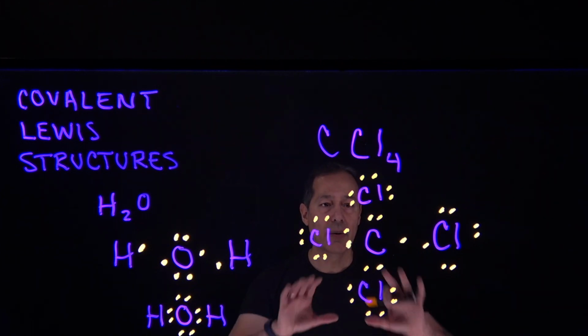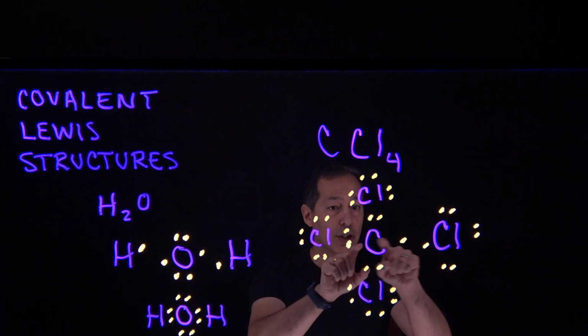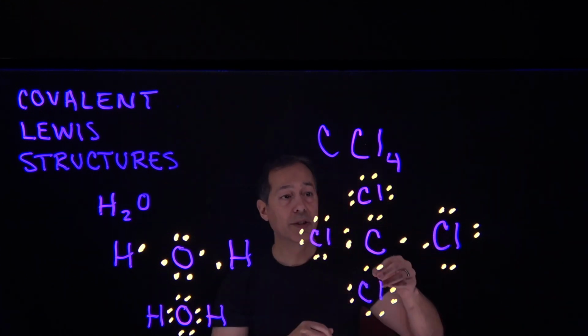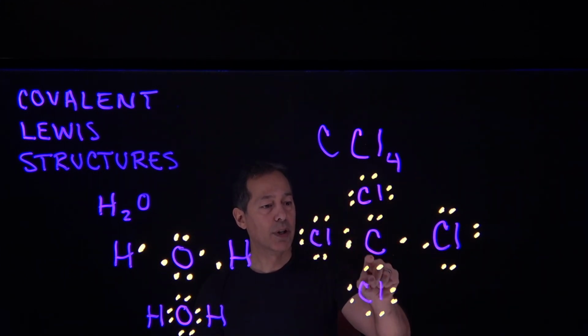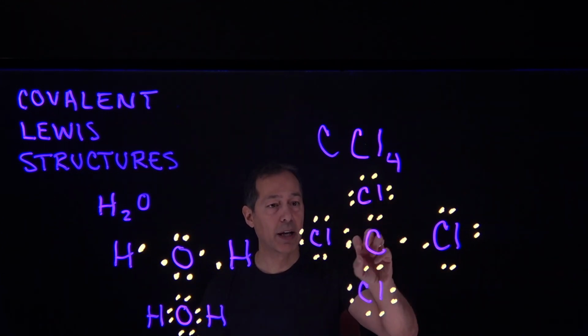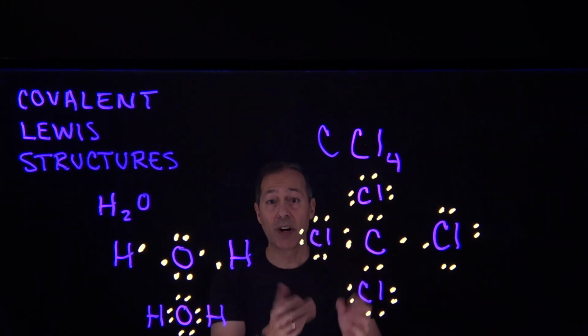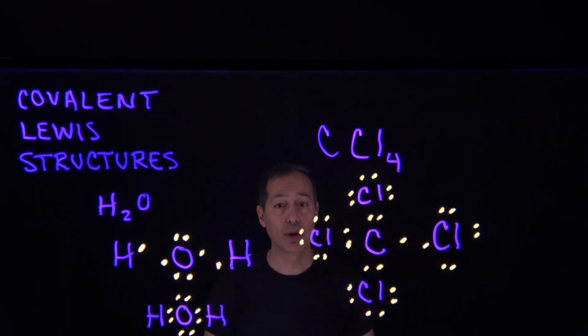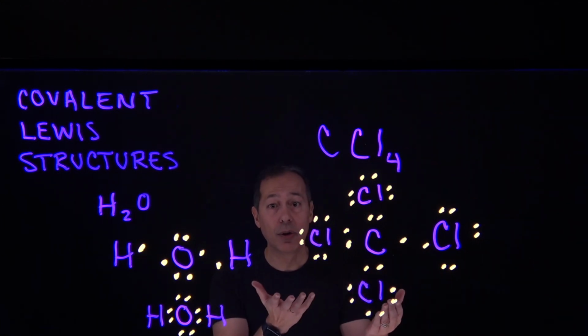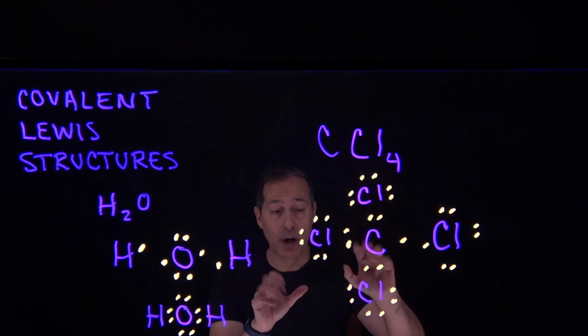We can see how this all comes together, where we have sharing between the carbon and the chlorines. Now we'll have 2, 4, 6, 8 electrons around this carbon atom. And then each one of the chlorines would have 2, 4, 6, 8, satisfying the octet rule for each of the chlorines. And so that helps us to explain why carbon tetrachloride is CCl4.